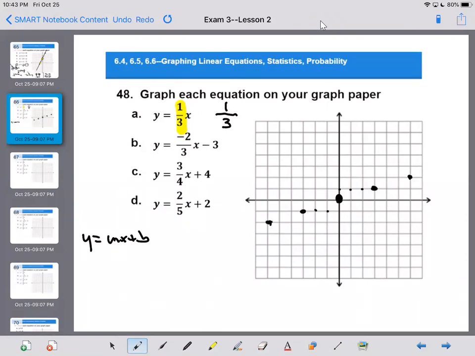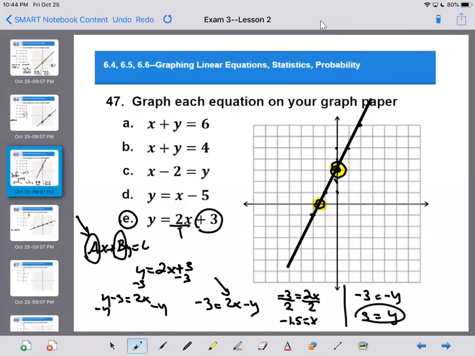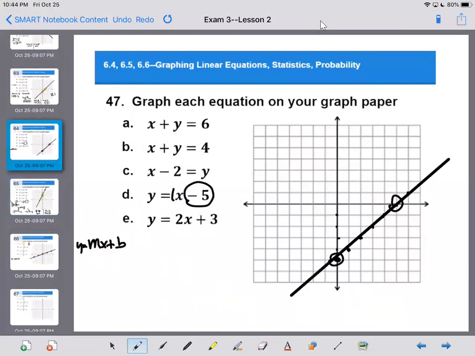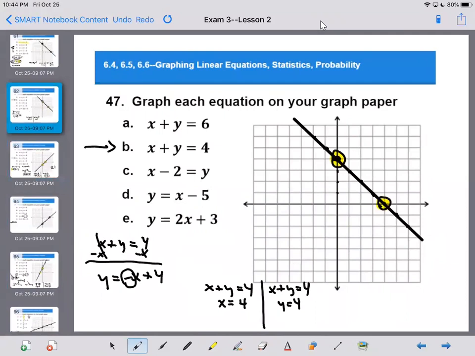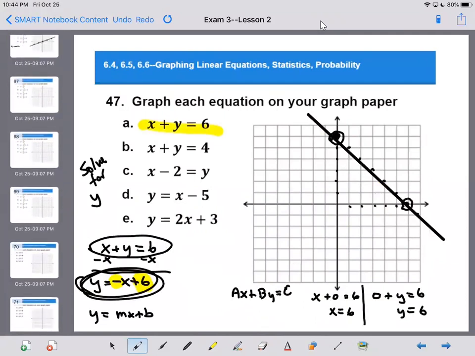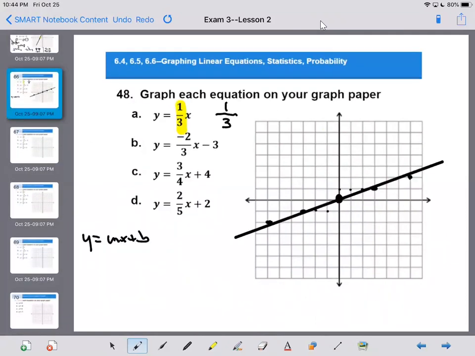And then I just want to plot these points. And then you see your graph is a little less steep than maybe some of the other graphs we looked at earlier, right? Just doing some comparisons. It's not as steep, right? Well, there's a reason for that, because the slope was a fraction.